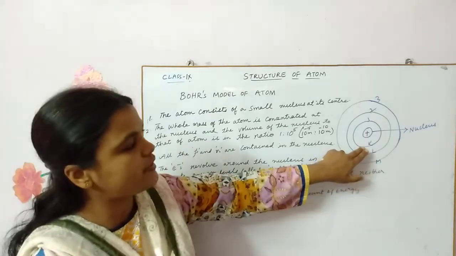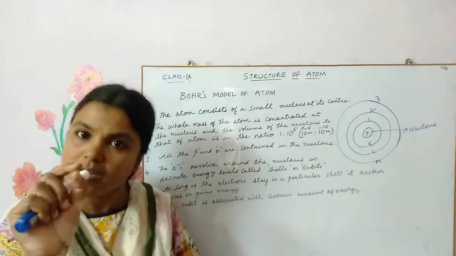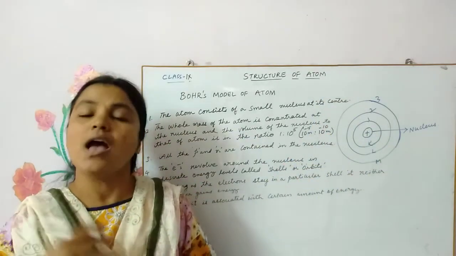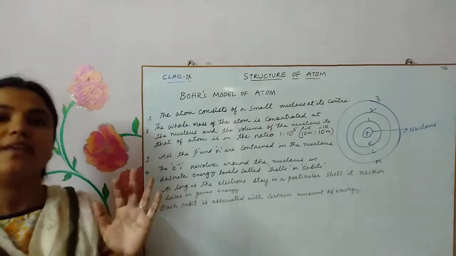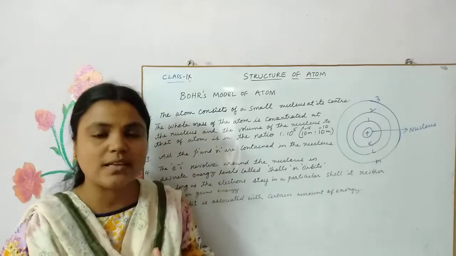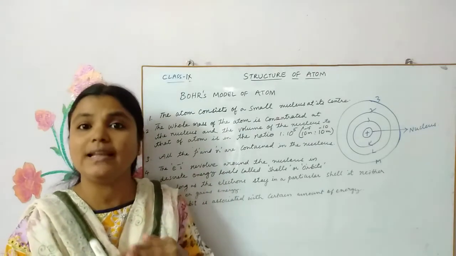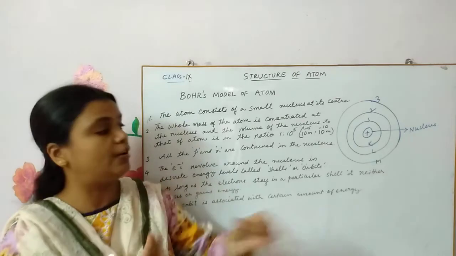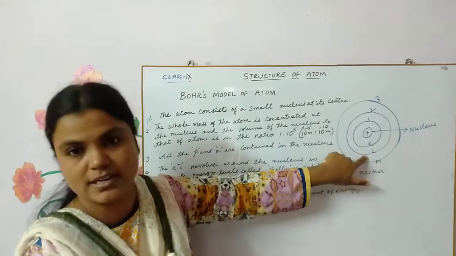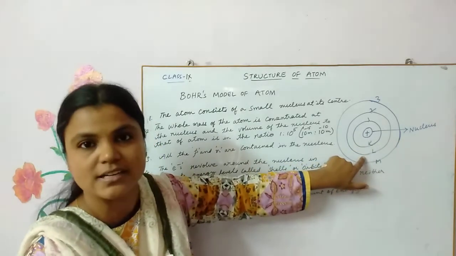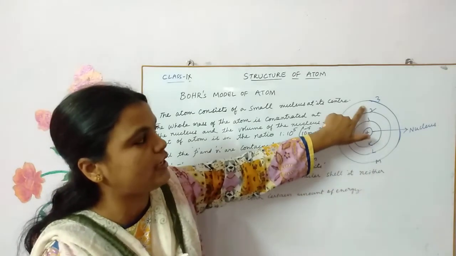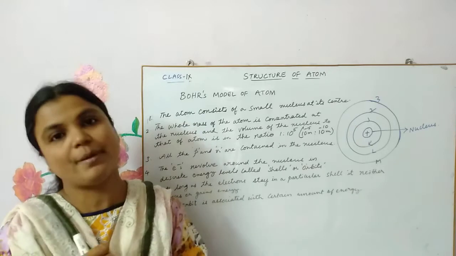The orbit nearest to the nucleus will have minimum energy, and the orbit farthest from the nucleus will have a higher amount of energy. As long as an electron stays in a particular energy level, it will neither lose nor absorb energy. But when an electron jumps from a lower energy level to a higher energy level, it absorbs some amount of energy.